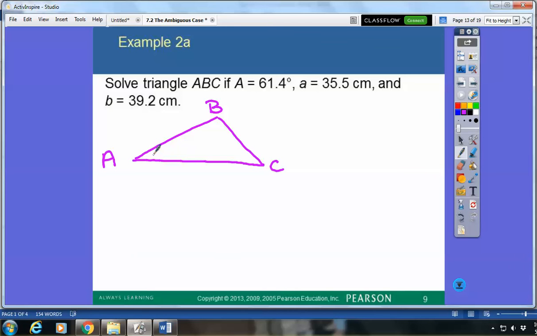Triangle ABC, angle A is 61.4 degrees, side A is 35.5, side B is 39.2.